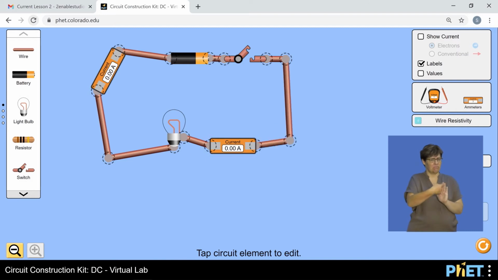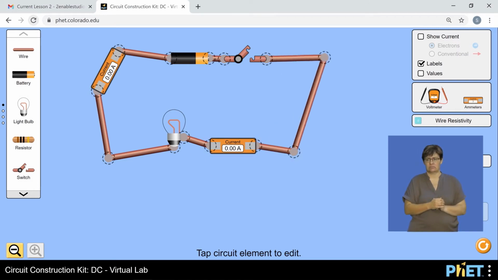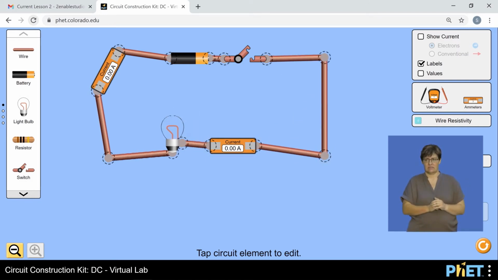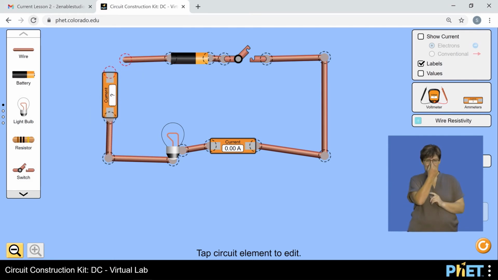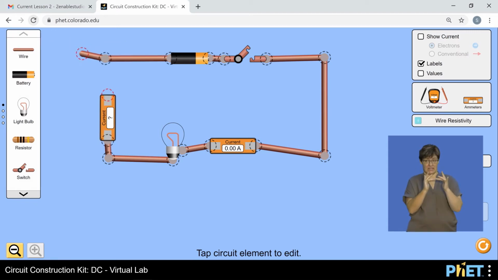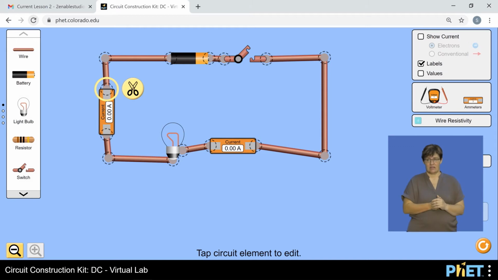Okay, we'll take that apart just to try and organize it. There is our circuit. We can also try and understand that when the circuit is connected, the current that flows through a single pathway stays kind of the same, okay?